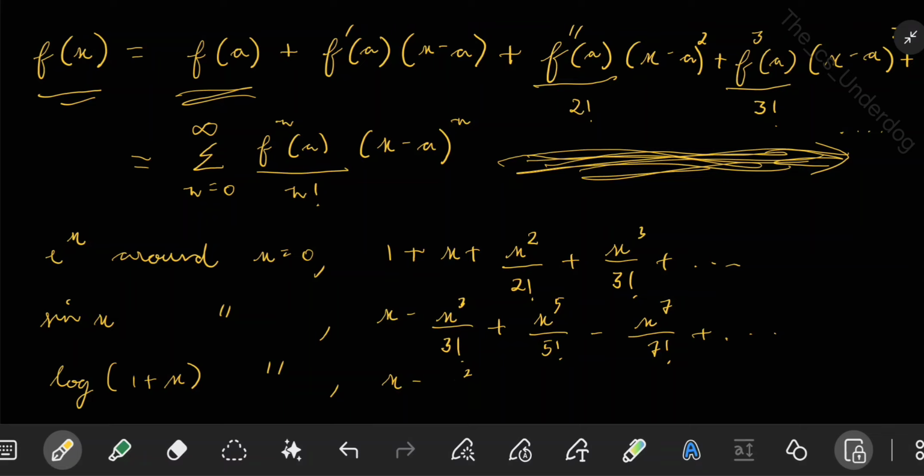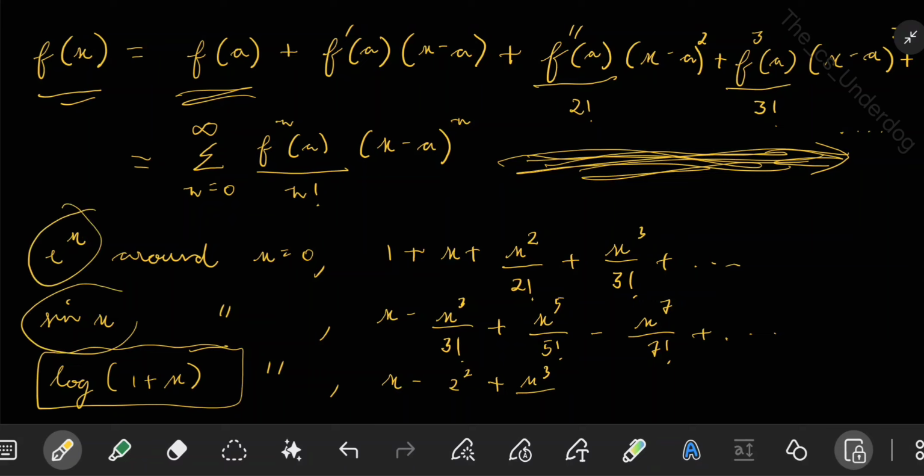Sorry, it was x minus x square by 2 plus x cube by 3 and so on, right? So this particular series that we used in the last lecture helped us approximate log 1 plus x value in order to find out what is the value of log cosh loss function. Similarly, you can approximate many functions using Taylor series.